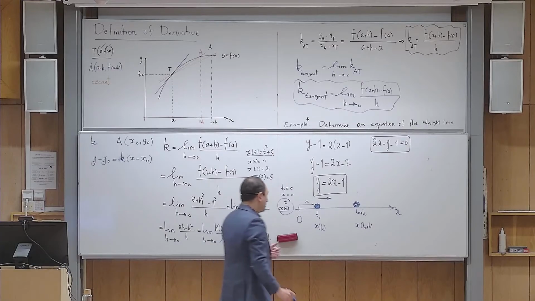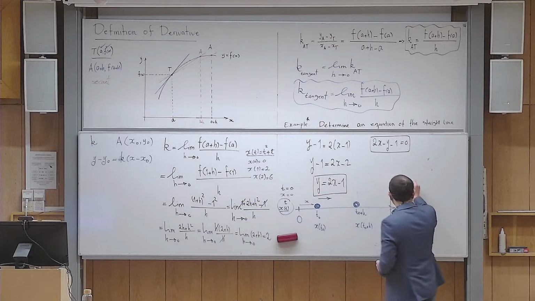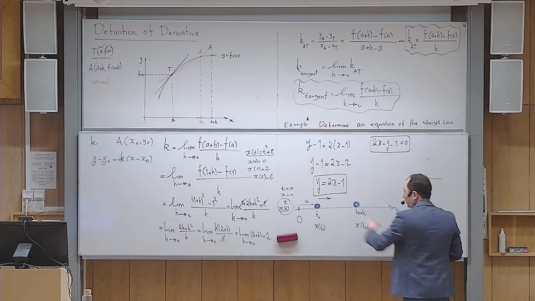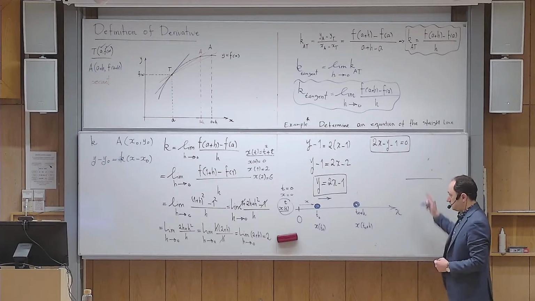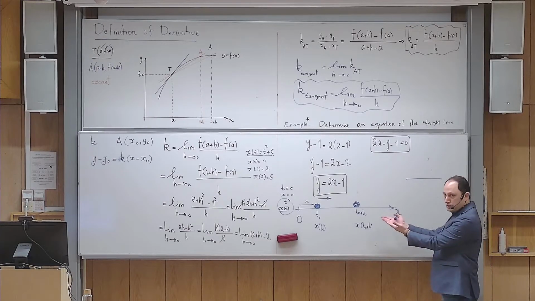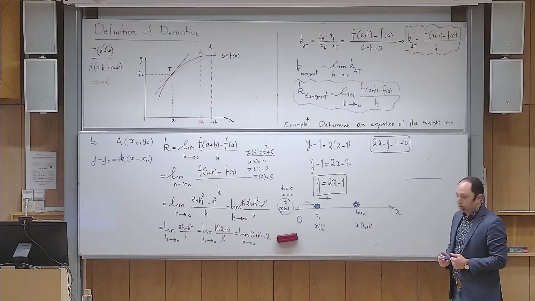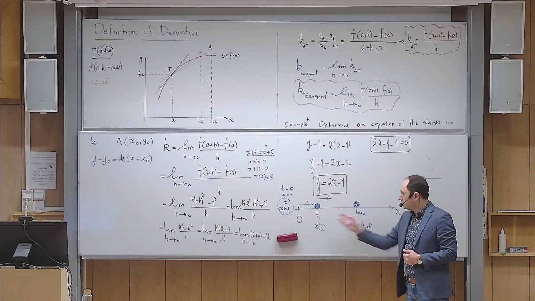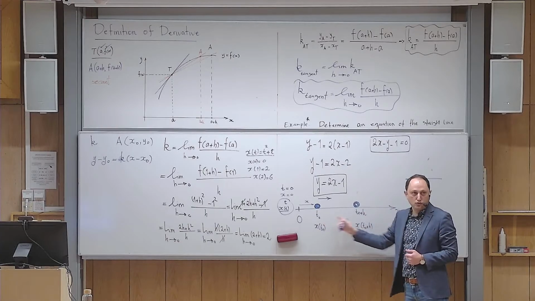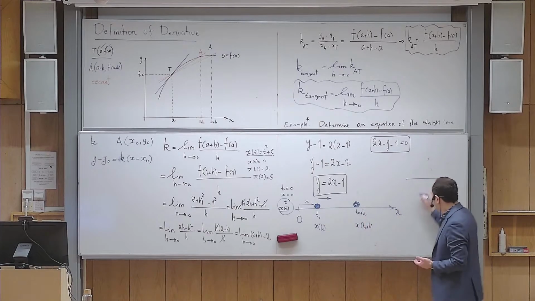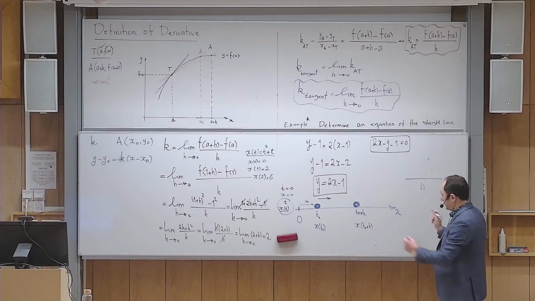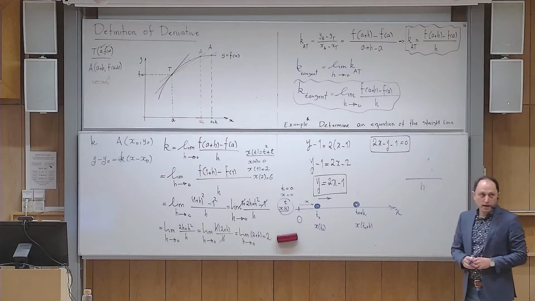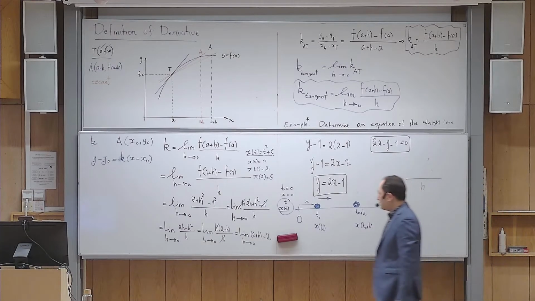So the time interval in which this displacement happened is how much? Not delta t in this picture. I told you how much you need to wait: h seconds. So what is the time interval from t naught to t naught plus h? It is h seconds. So this is the time interval. And then what is the displacement?